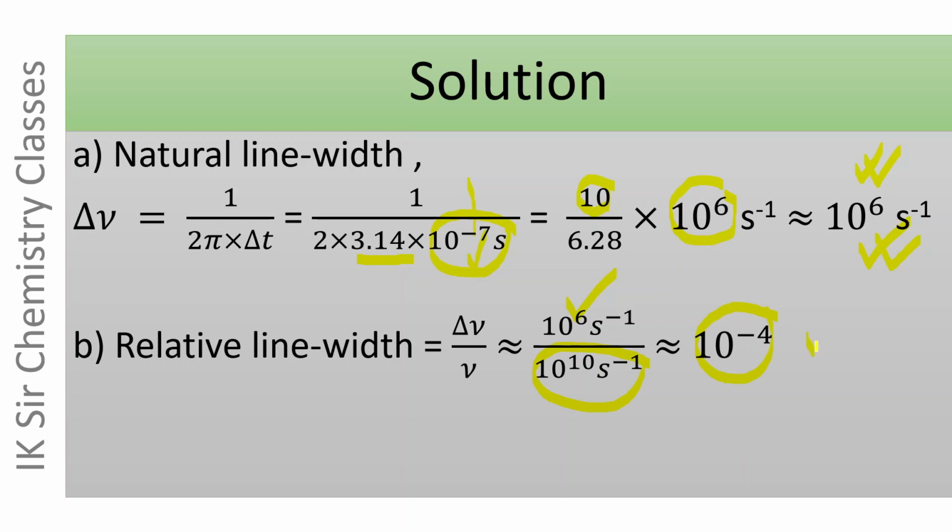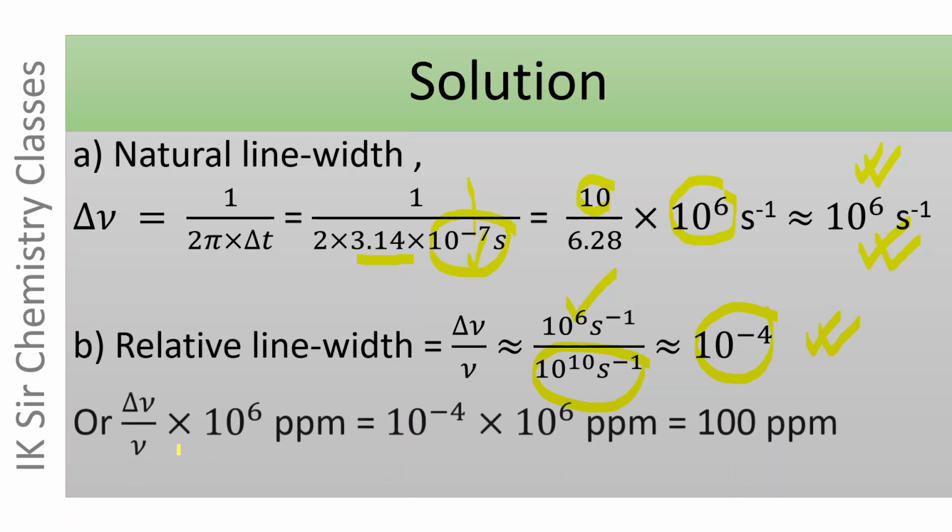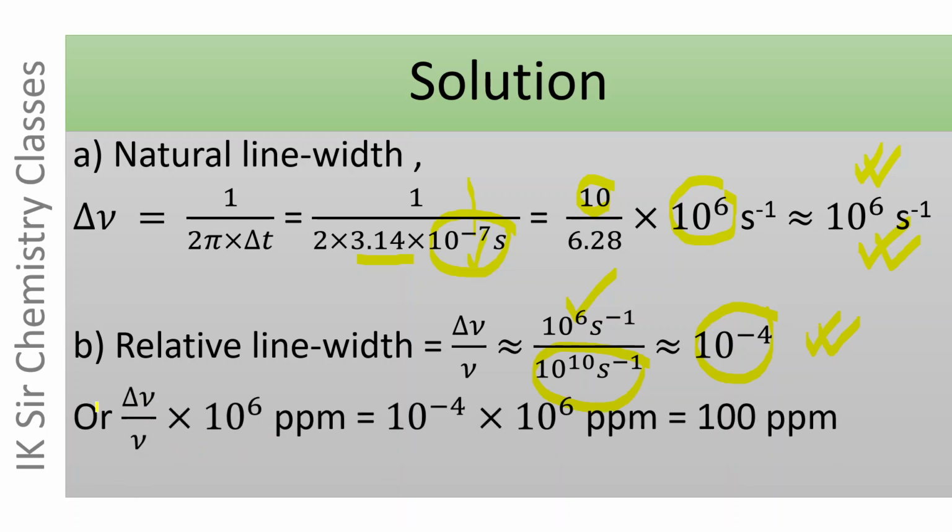It is a very small quantity, and therefore it is expressed in ppm. ppm line width can be given by delta nu divided by nu multiplied by 10 to the power 6 ppm. Its value is 10 to the power minus 4 multiplied by 10 to the power 6, that is 100 ppm.